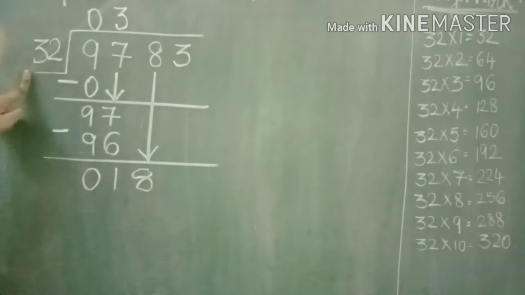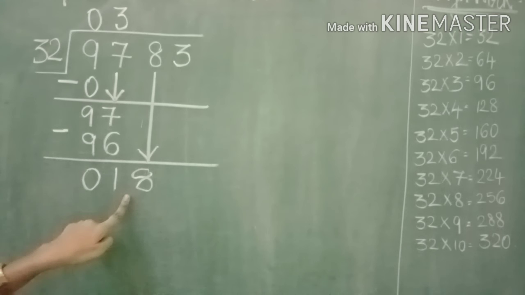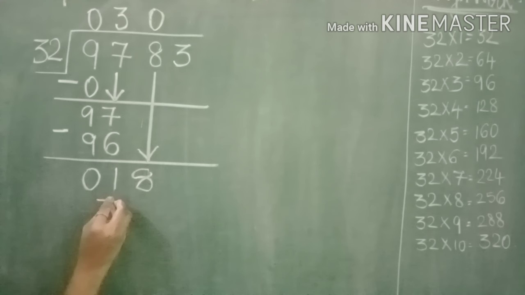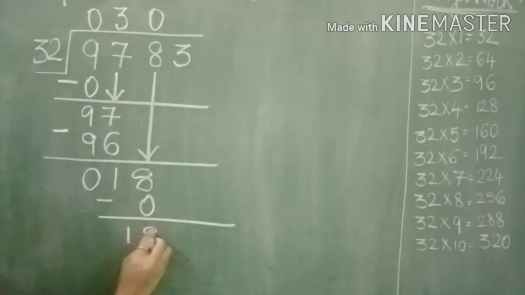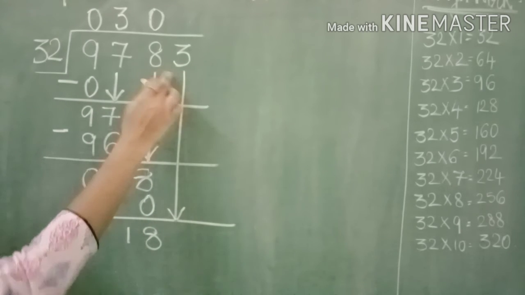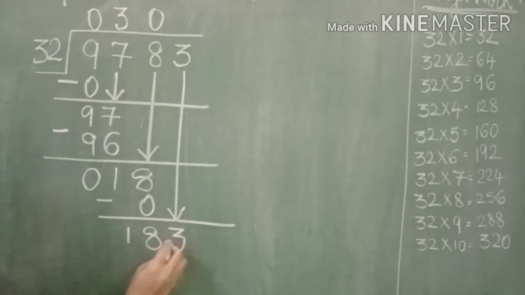32 is a bigger number, 18 is the smaller number. At that time what we have to do is 32 zeros, answer will come as 0 and we will get the answer as 18. And then we are going to write the next number, that is number 3. We have to mention it over here as 3.